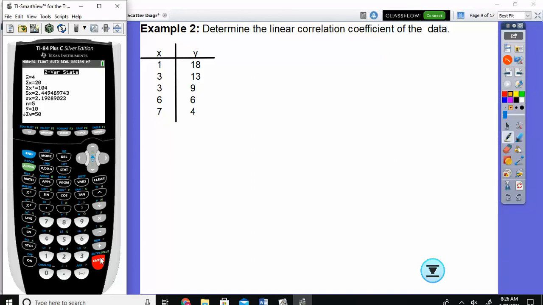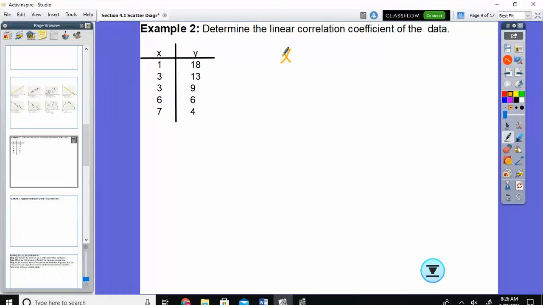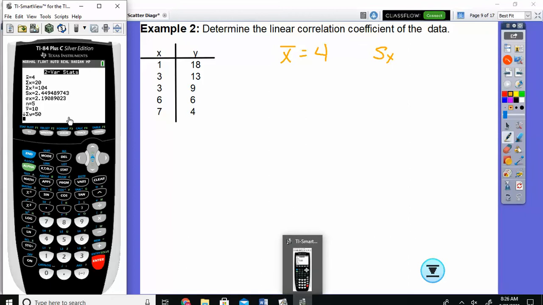So in this, my x bar, the mean of the x, was 4. Standard deviation for the x, we're going to go with sample, only use the population if I tell you it is the population.